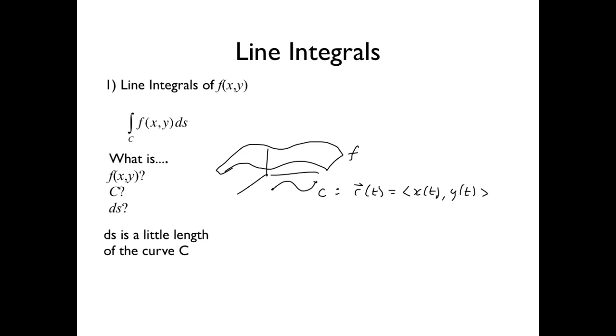So ds is not a little change in x or a little change in y, but a little change in distance along the curve, or a little change in length along the curve. So putting it all together then, ds is like a little bit of arc length.